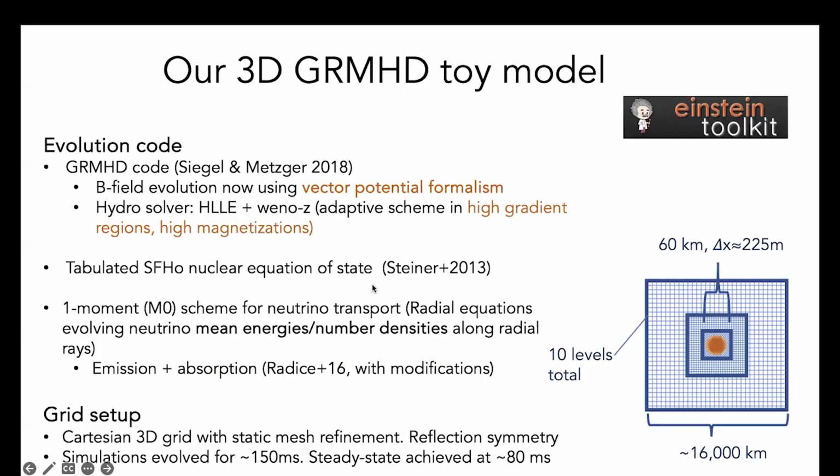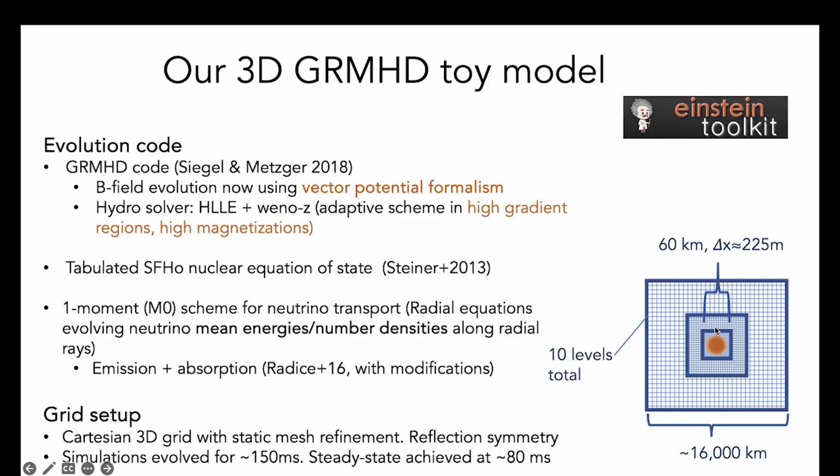So just some details of our scheme. We use a GRMHD code. We evolve the magnetic field, and we have this hydro solver, with various things to handle the highly magnetized environments that we're interested in. We use a nuclear tabulated equation of state and a one-moment scheme for the neutrino transport. This is how our grid looks.